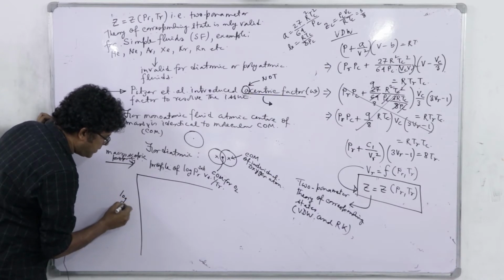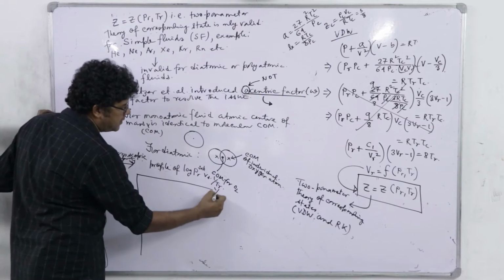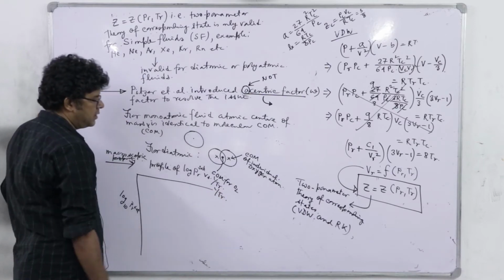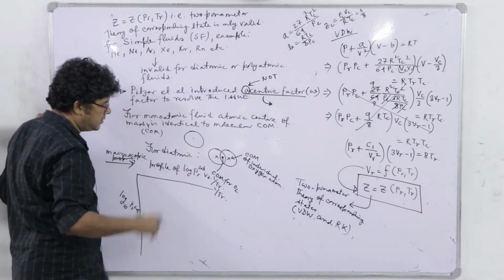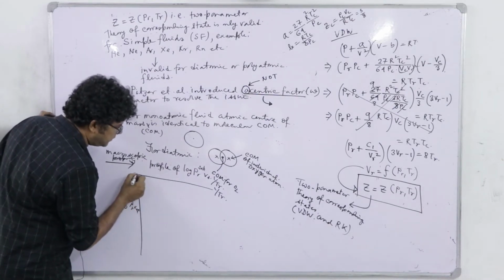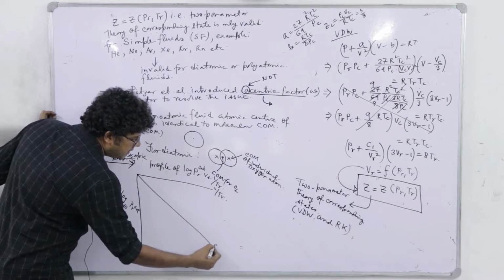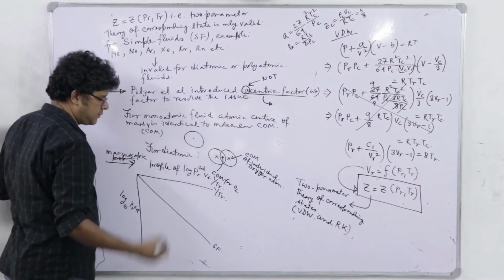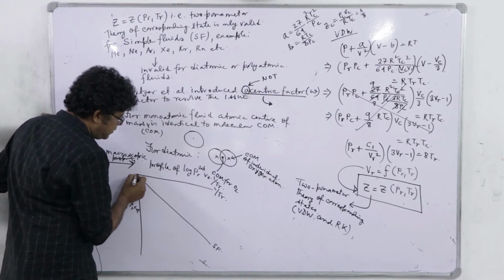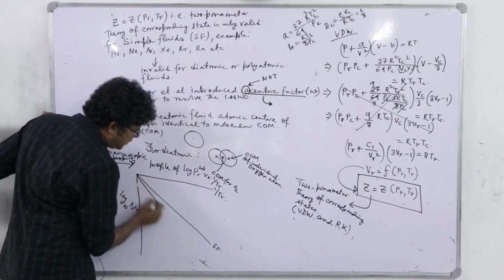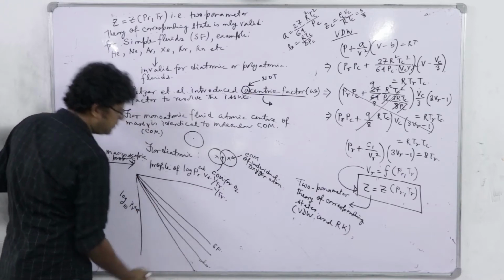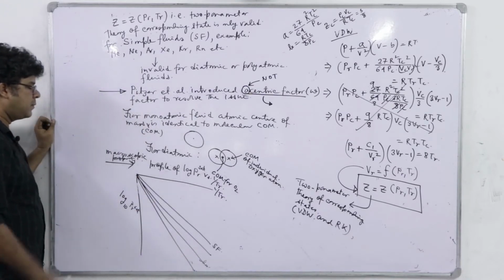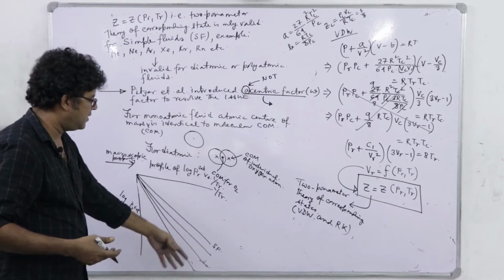Because if I plot reduced vapor pressure versus 1 by reduced temperature, we know from Clausius-Clapeyron it will be nearly close to a straight line. Now, for a simple fluid, this is the line, a straight line, but for diatomic or polyatomic, we can have these sorts of lines, for, say, pentane, hexane, n-octane, etc.